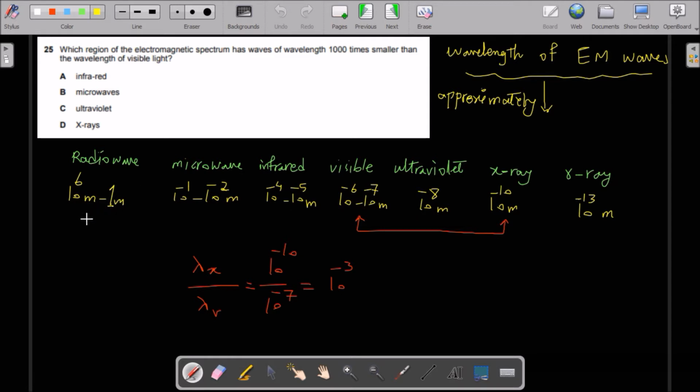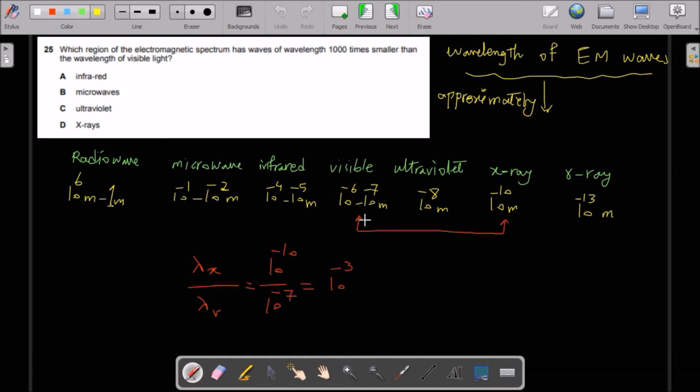Approximately for radio wave, I can say that wavelength is 10^6 meter to 1 meter. For microwave, it is 10^-1 to 10^-2, and somehow it is more or less. That's why I didn't consider that.